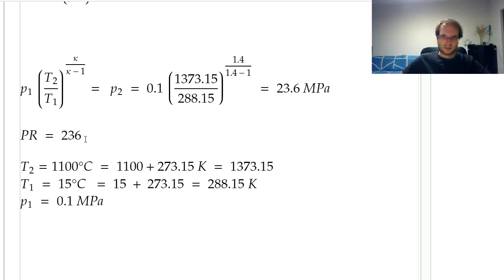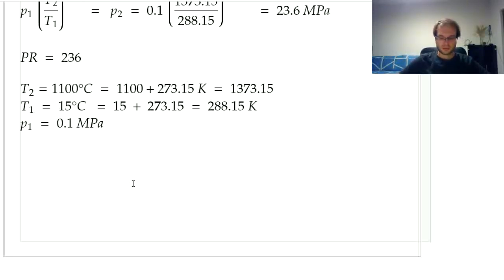And we have said before that the pressure ratio range is about, let's say, 10 to 30, definitely much less than this one over here. So this really extreme pressure ratio would cause the temperature at the compressor outlet to be already 1100 degrees C, but it's far away from typical values of the Brayton cycle.